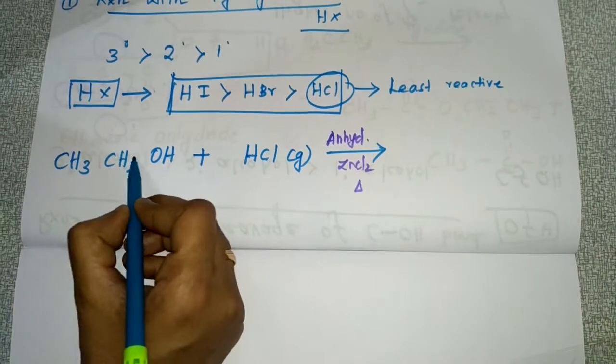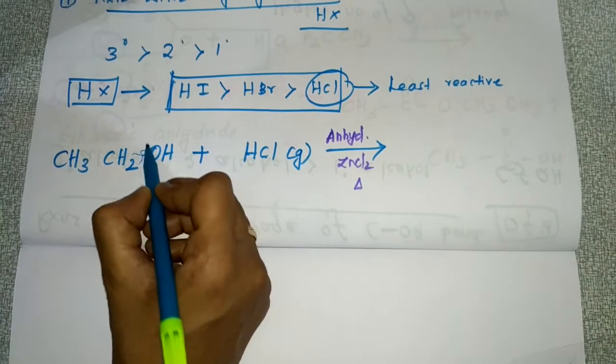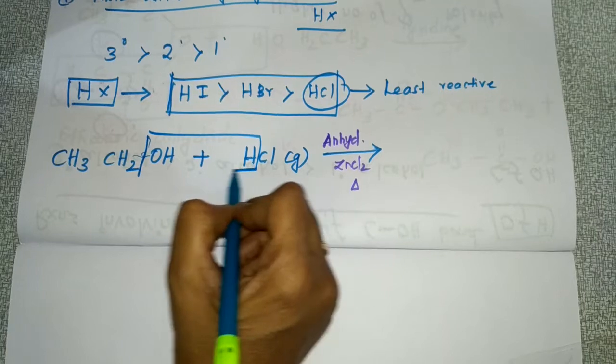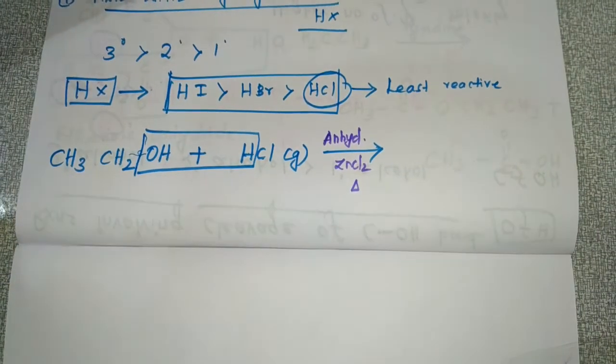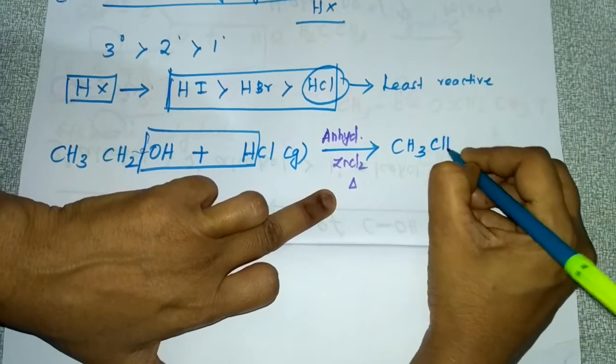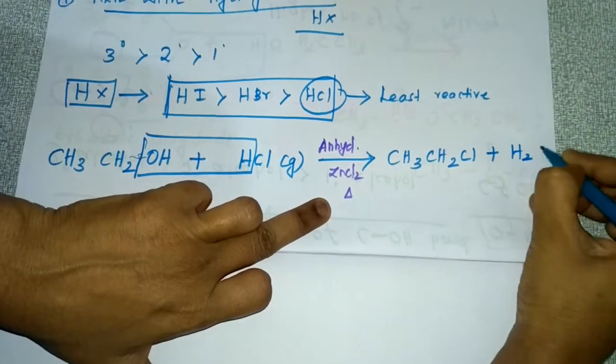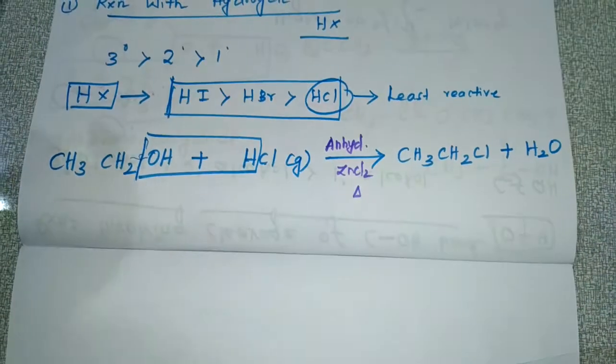The bond will get cleaved between carbon and oxygen only, and H2O will come out. The product formed is CH3CH2Cl plus H2O.